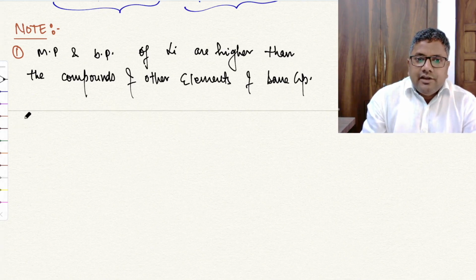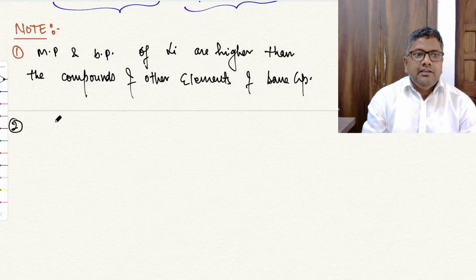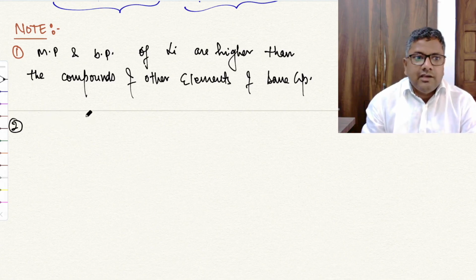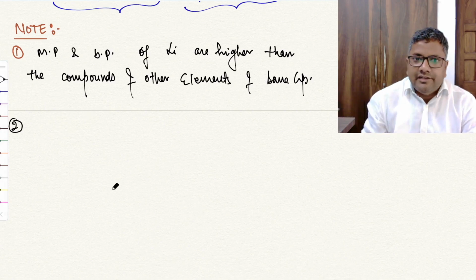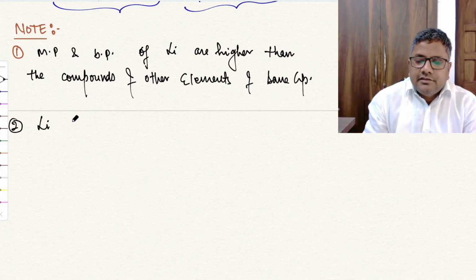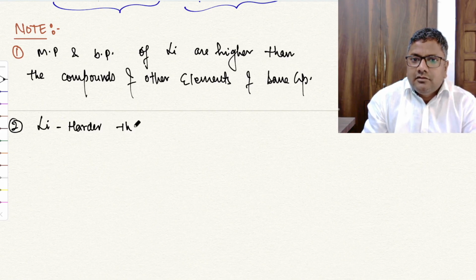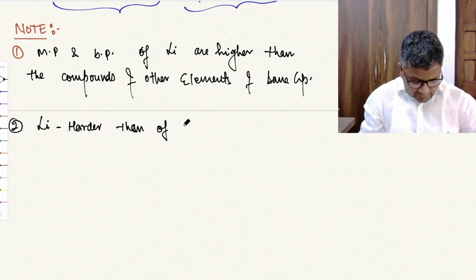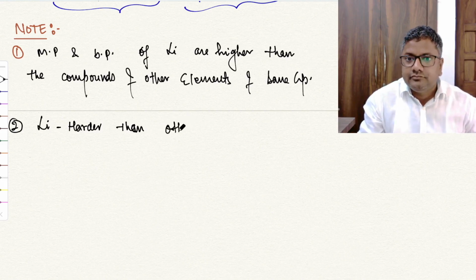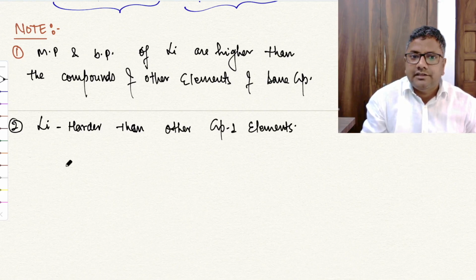Now the second point is lithium is much harder than other group 1 elements, right?